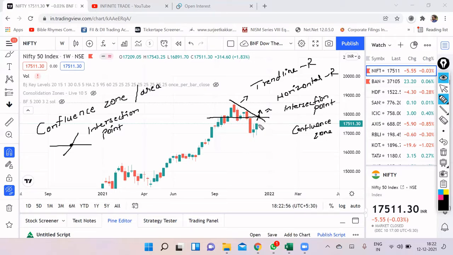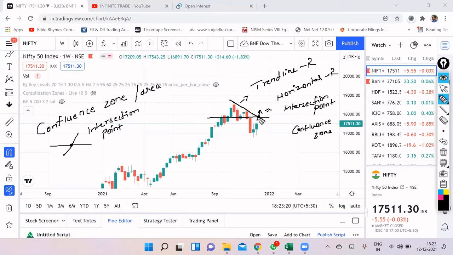Whenever a confluence area is broken, you may see a tremendous rally, and such a rally is usually seen in stocks. You might have seen stocks rallying 20%, 25% in a single day, but indices never move in such a way.